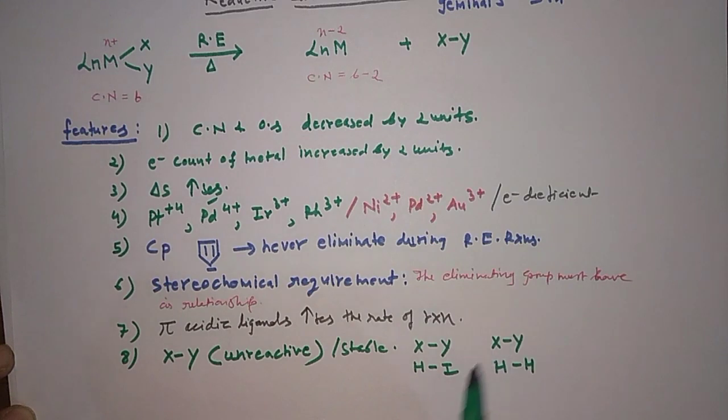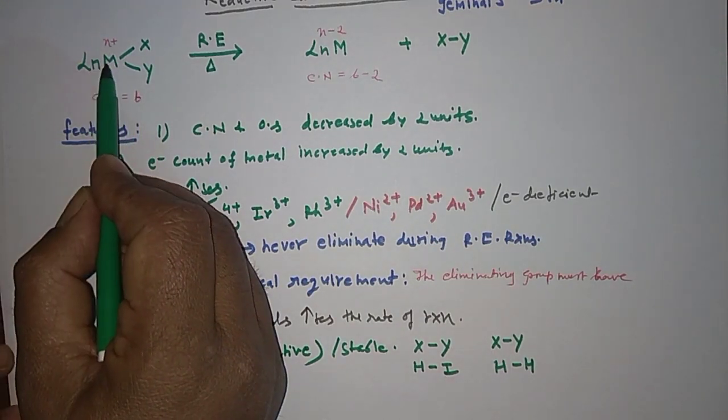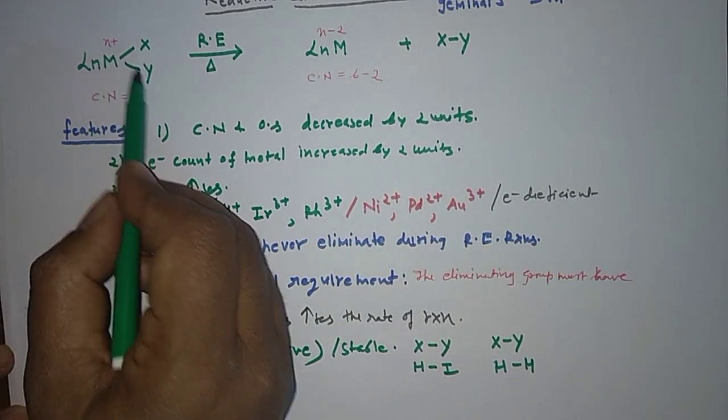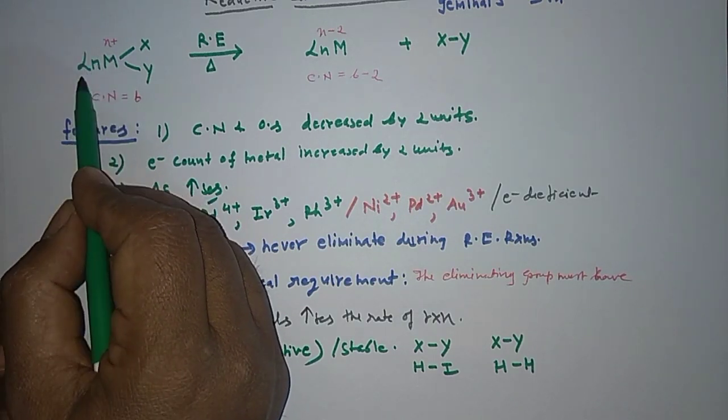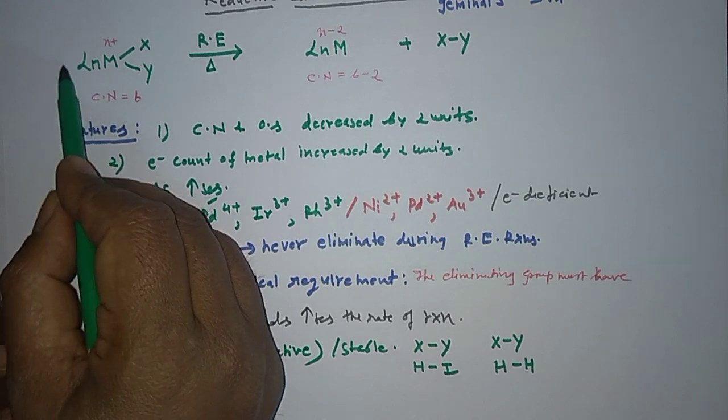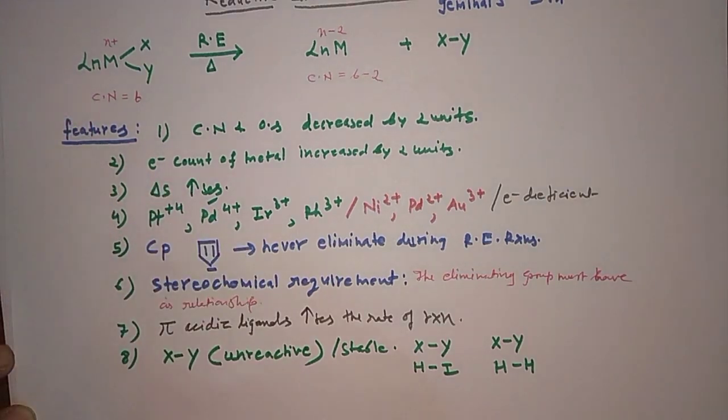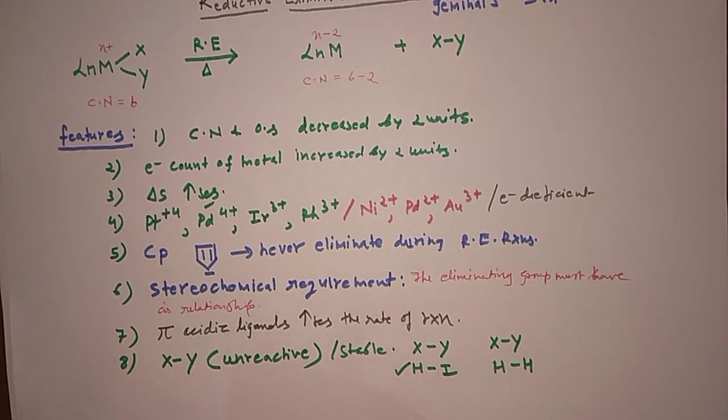Okay, so they will eliminate as HI. But say for example in the same substrate you are having two hydrogens attached to it from somewhere here. Instead of these Ln, I write 2H here. So these two hydrogens are also bearing the cis relationship, so they will also eliminate. And this HI is quite reactive when compared to this H2, right? So we will not eliminate this HI, right? We will always eliminate this H2 because this is not reactive. However, this particular point I will explain in detail when I solve the problem based on this.